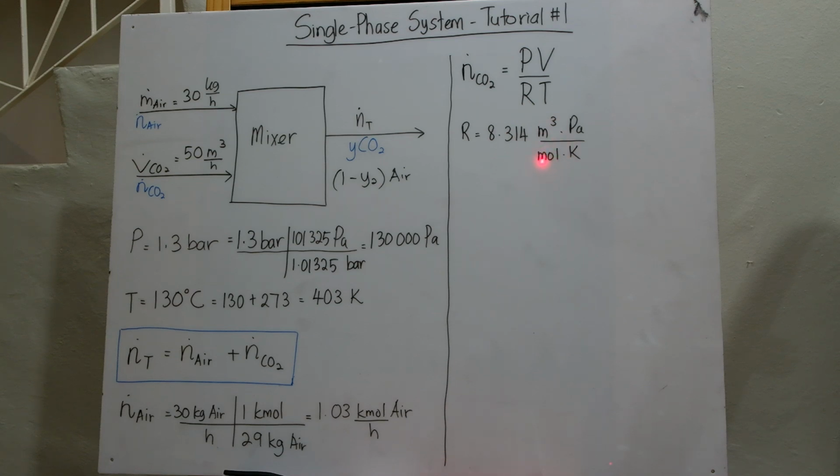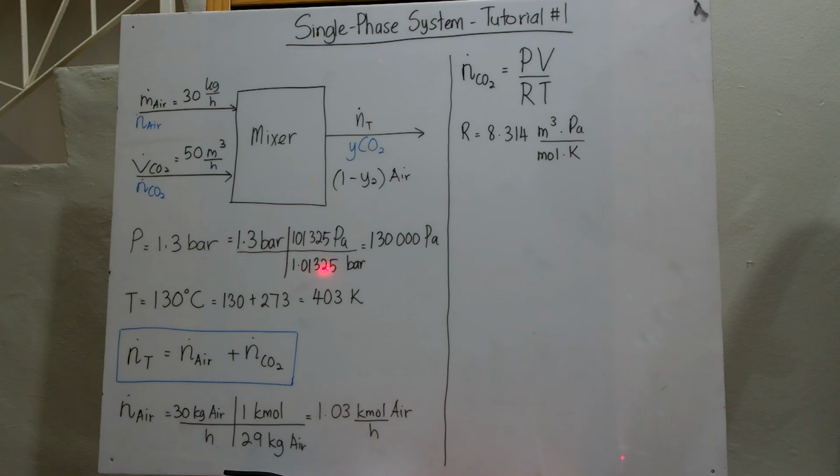Okay, so now what is our P? In order to use this equation, we have to convert P because our gas constant is in Pascal, but the information that we are given is in bar. So our P has to be converted from bar to Pascal. We multiply 1.3 bar by the conversion factor, which you can find on the first page of your textbook.